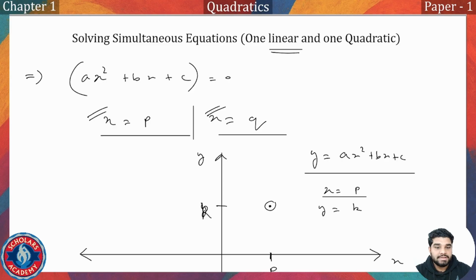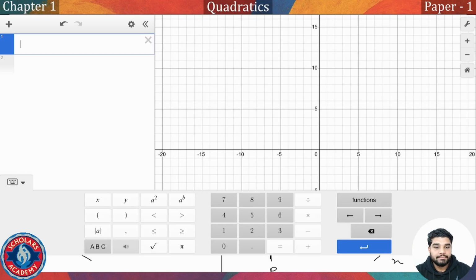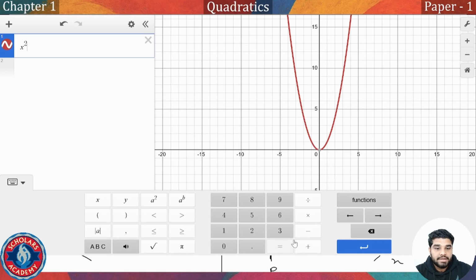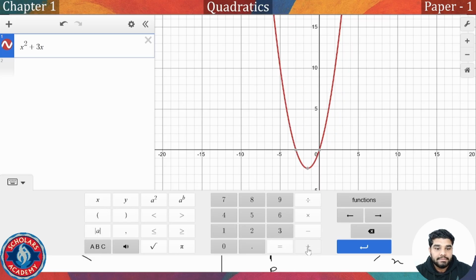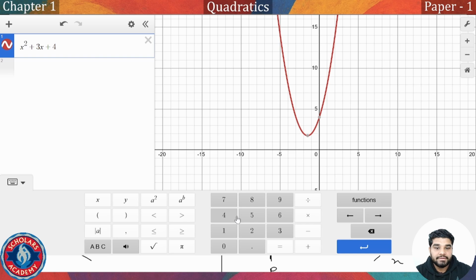If I give you an example, take a quadratic equation x square plus 3x plus 4, and we say y is equal to x square plus 3x plus 4.